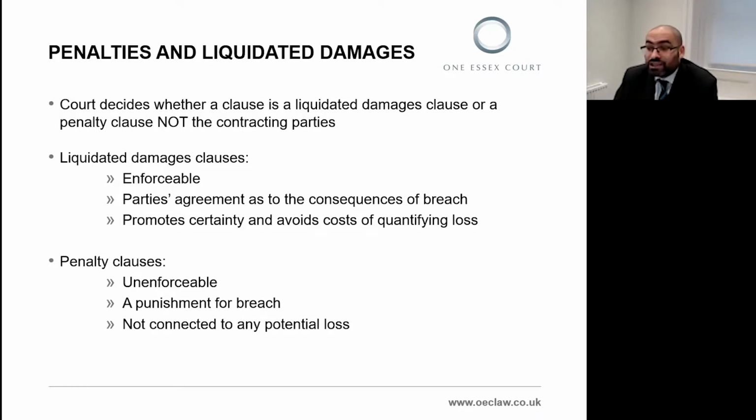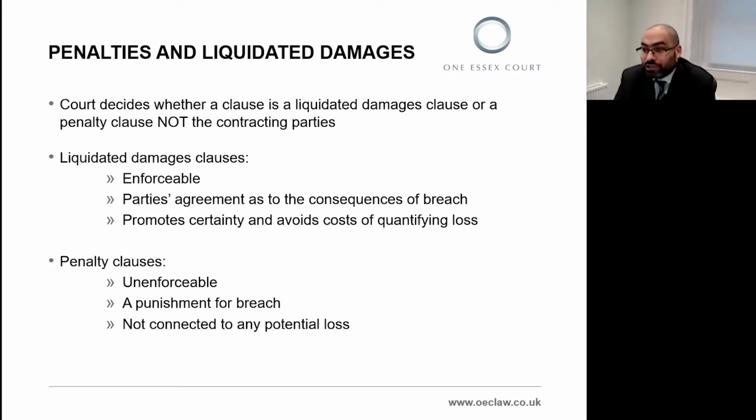And the decision as to whether a clause is a penalty or not is for the court, not the parties. So although the parties can agree the content of the clause and can say what they think it is, they can't actually determine for themselves whether it is a penalty or not, except by anticipating how a court might interpret it.